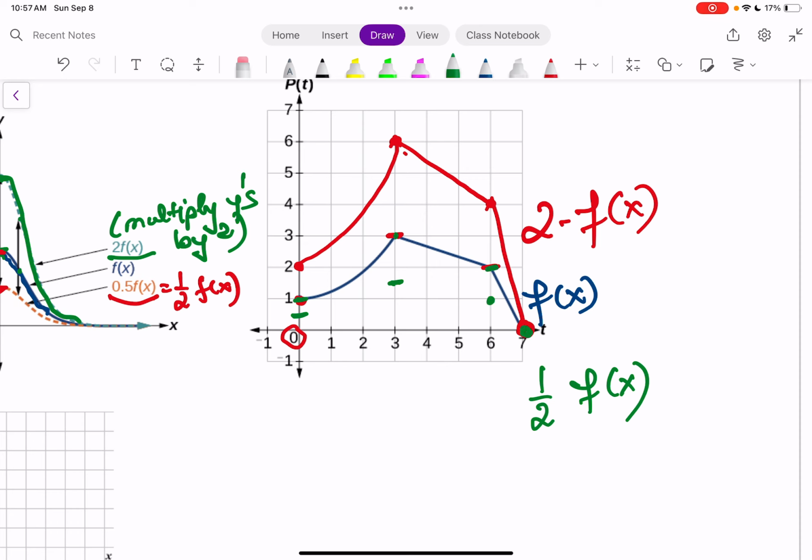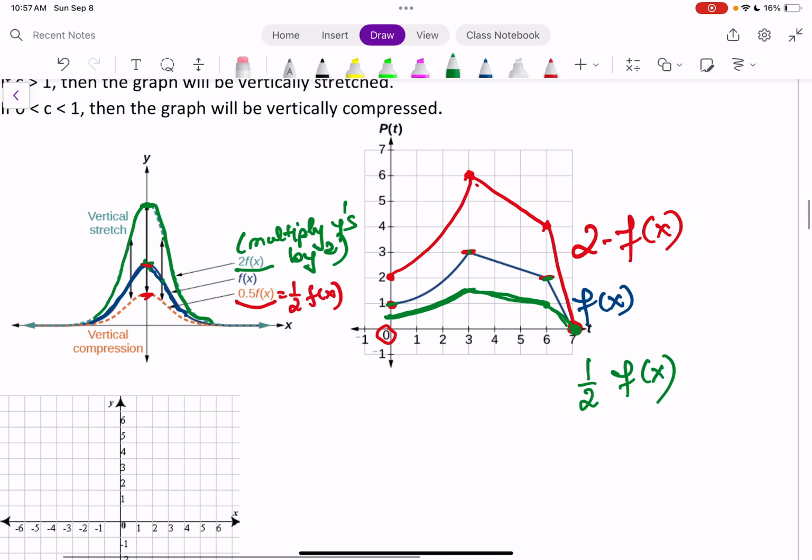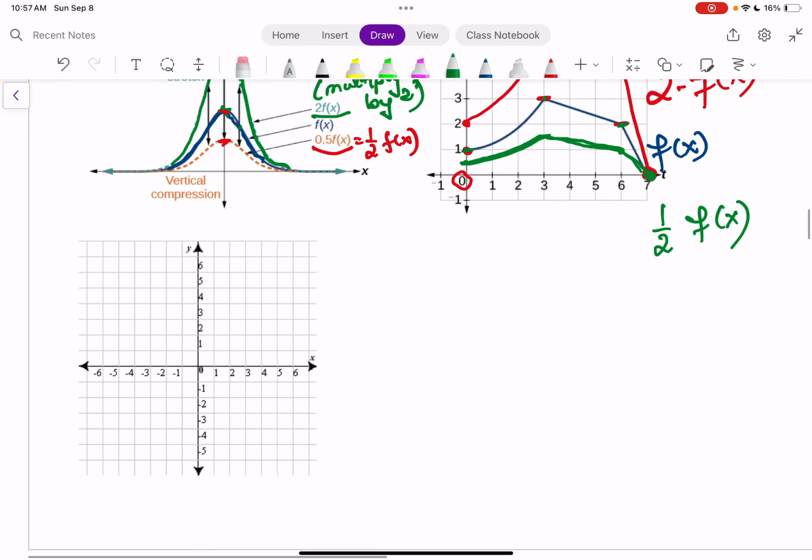This y value is a 0, divided by 2 is still a 0. There you go. That's a vertical compression. So the graph got squished in vertically.